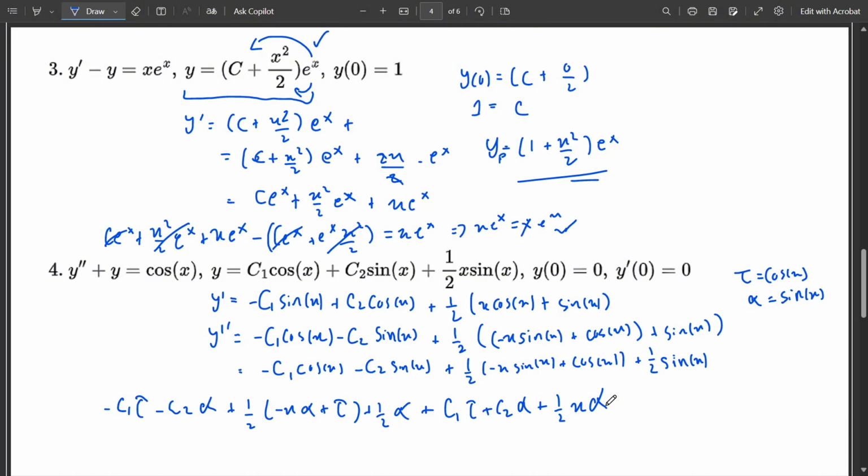And let's see what this equals to: cosine of x, or you can say tau.